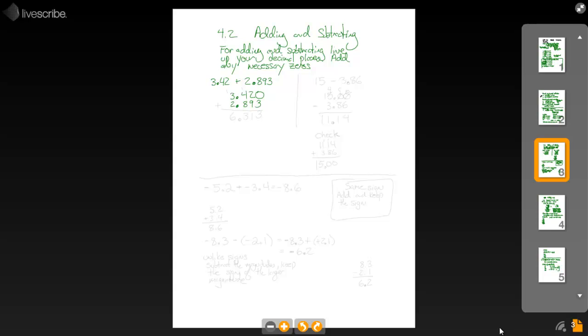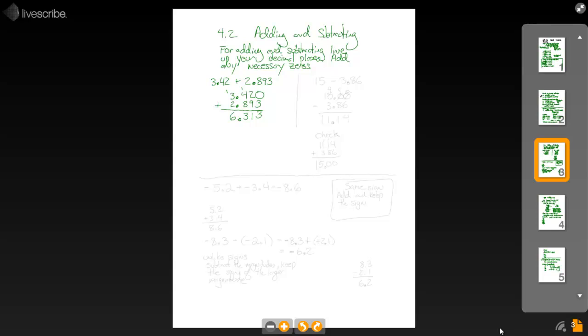So 3, 11, 13, 6. I think it's almost intuitive what to do with the decimal. Bring it down. And did I mess up or am I good? 3, 11. Yeah, I think fine.